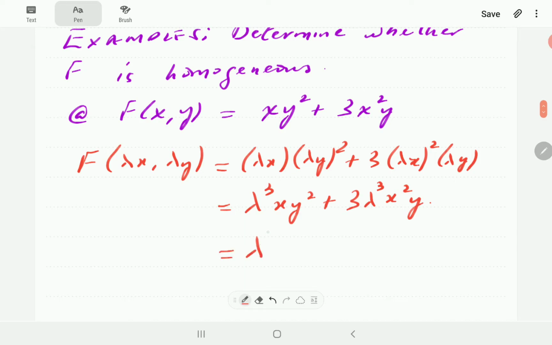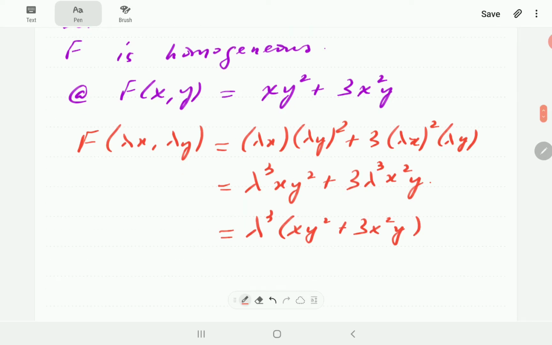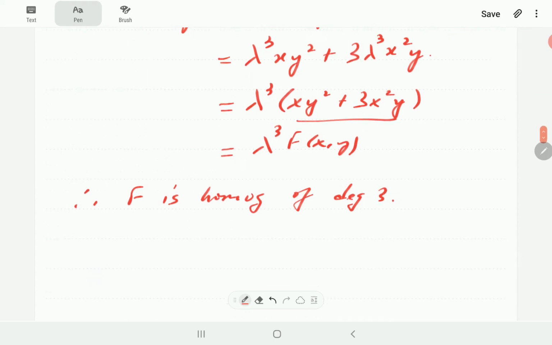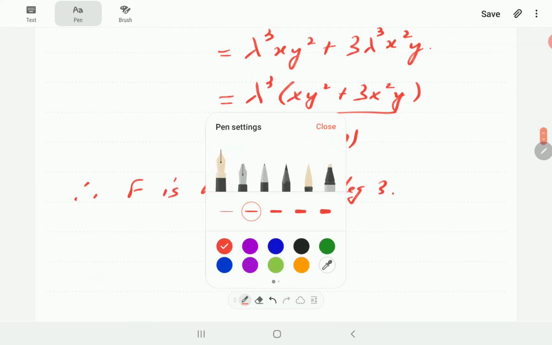So this thing is lambda cubed times xy squared plus 3x squared y. As you can see, this is exactly the same as the function we started with. So this is lambda cubed times f of x, y, and so f is homogeneous of degree 3.